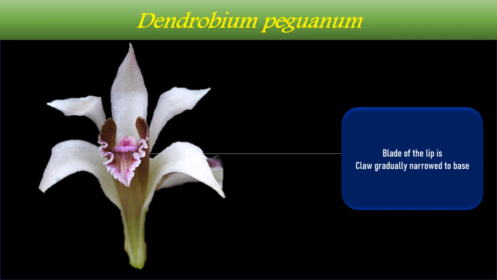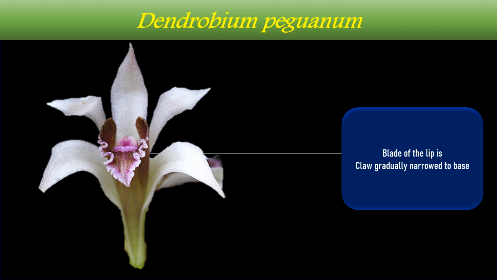Then comes to our Dendrobium penguinum. Here you can see it is very different from every other Dendrobium species. As you can see, the blade of the lip is claw gradually narrowed at the base. At the base it has a narrow structure, and at the upper part it has a wavy structure, and that's how you will differentiate this.